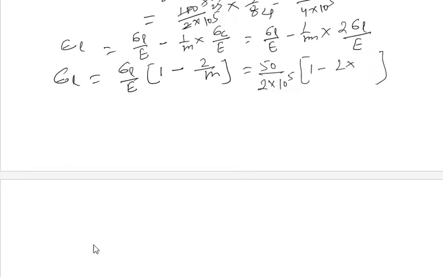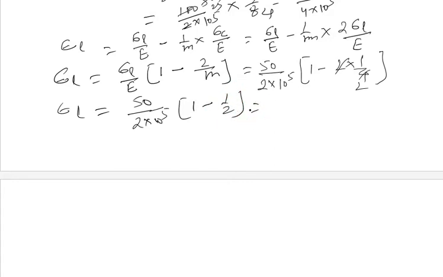This is 1 by m is equal to 1 by 4, 2 to the 4. So this is epsilon L, not sigma L. Epsilon L is equal to 50 by 2 into 10 to the power 5, times 1 minus half.